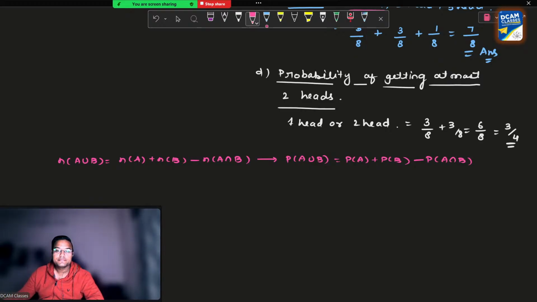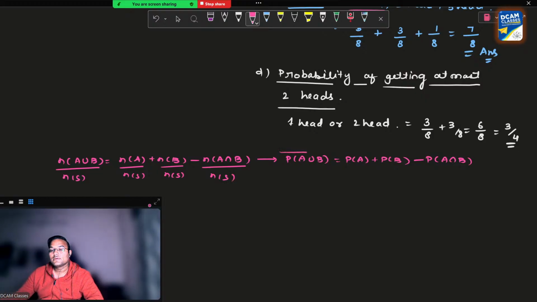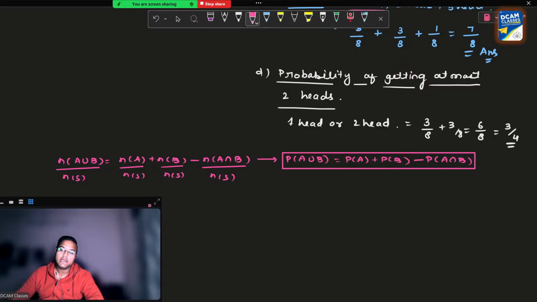Why? Because the sample space for the whole event will be the same. You can divide by the sample space n of S on the left and right, so everything becomes a probability. So the formulas that you have learned in Venn diagrams and set theory will apply for probability also.